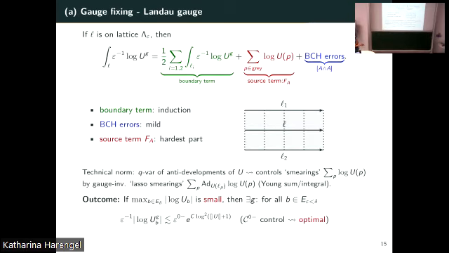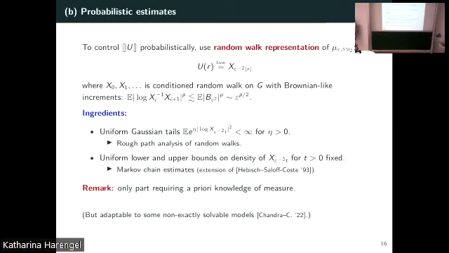This is analogous to C0 minus control, and this is exactly what we wanted. So this is the idea that enters these moment estimates.